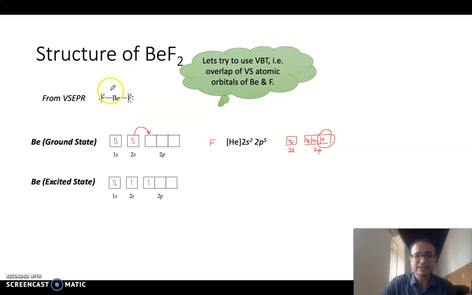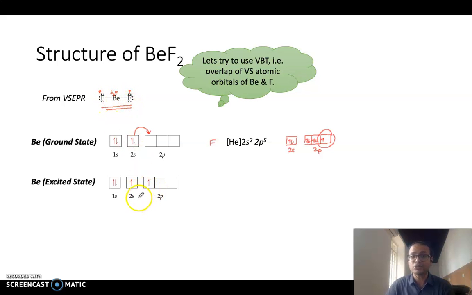On the beryllium atom, we have two sets of orbitals, one s and one p. The s will overlap with the p orbital of one fluorine, and the p of beryllium will overlap with the p orbital of the other fluorine atom. So they are two completely different bonds, but we know from experiment that these two bonds are equivalent, meaning they have the same bond length.